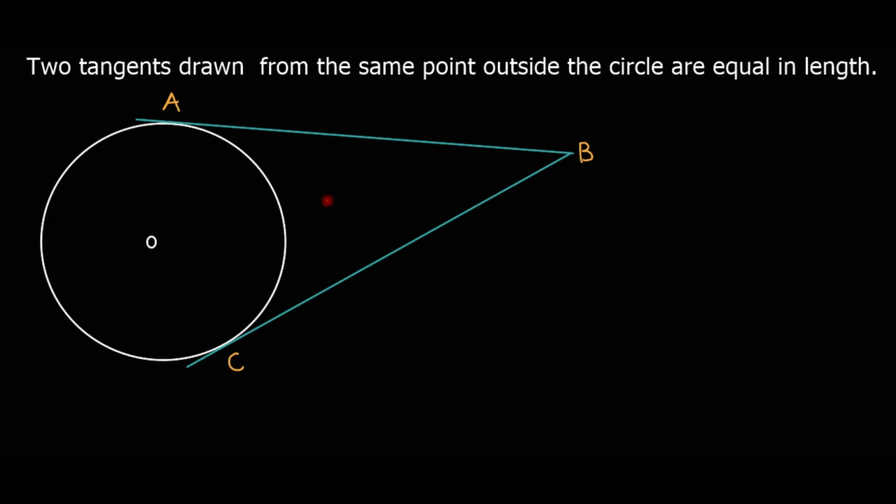And then this one says two tangents drawn from the same point outside the circle are equal in length. Here we have tangent AB and tangent CB, but the key thing is that you can see these tangents are drawn from the same point, this point B. According to this theorem, this tangent and this tangent are equal.